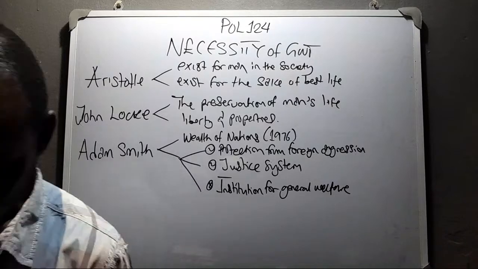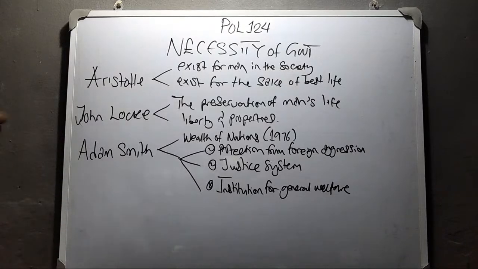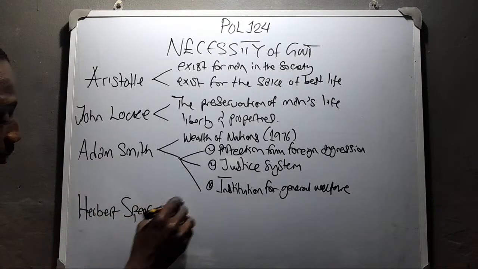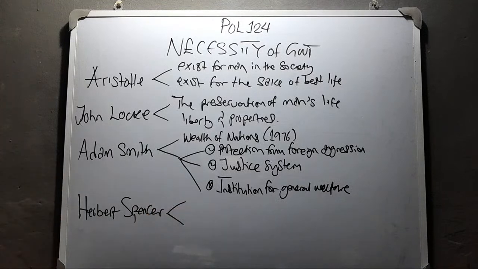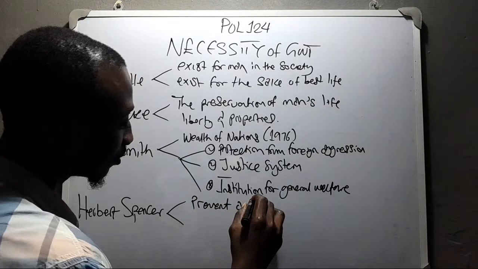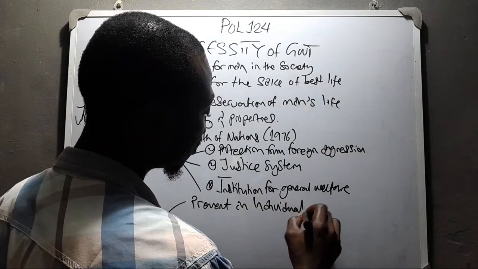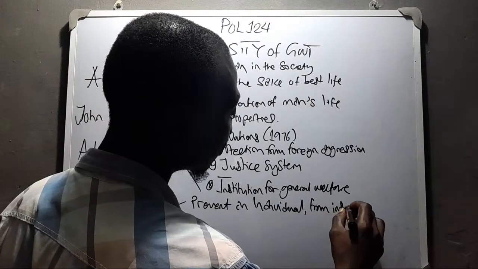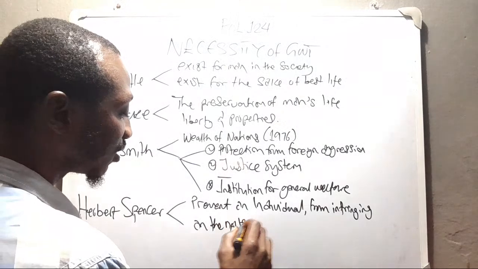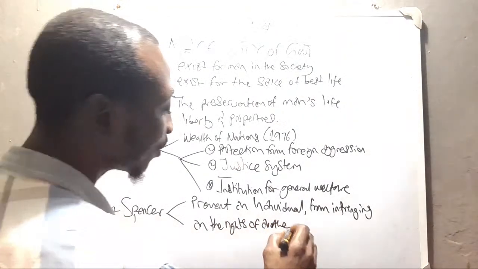Now let's take that of Albert Spencer. Now, Albert Spencer says government exists in order to prevent an individual from infringing on the rights of another.